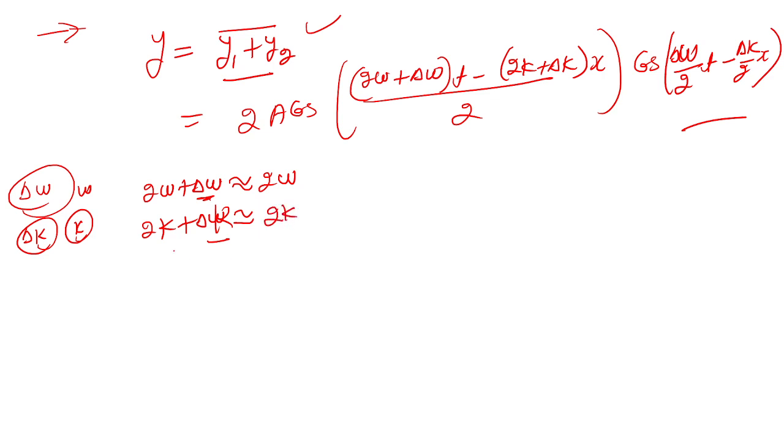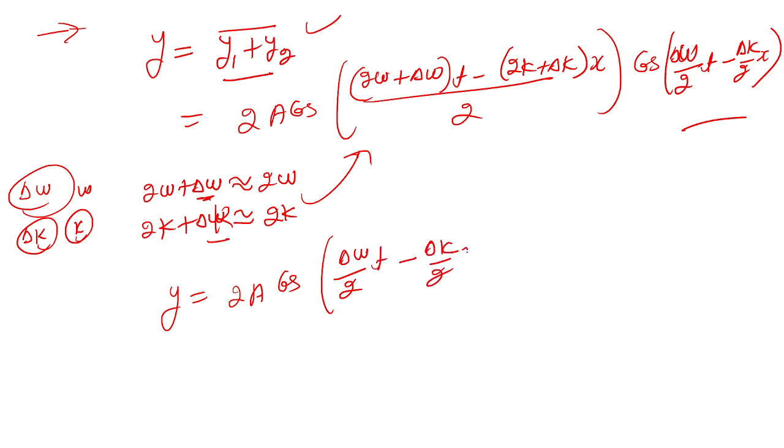So the final expression that we get by putting these values is 2a cos of (delta omega over 2 t minus delta k over 2 x) times cos of (omega t minus kx).